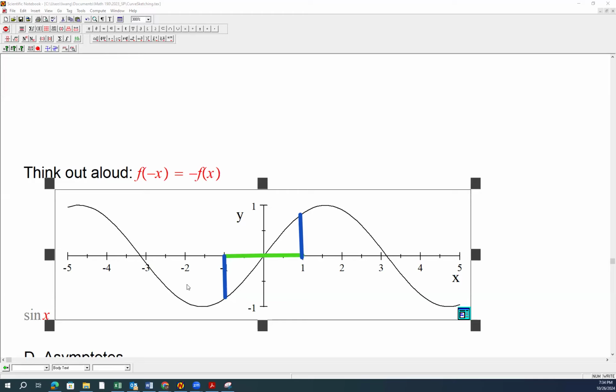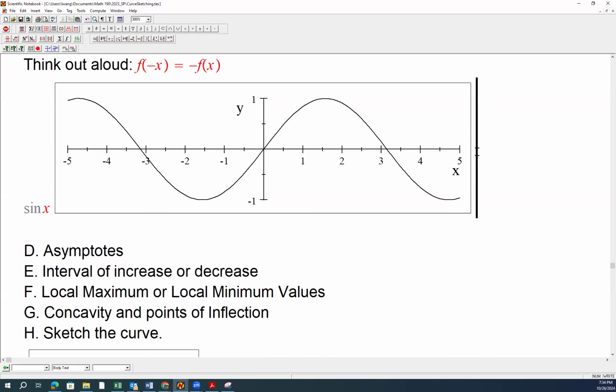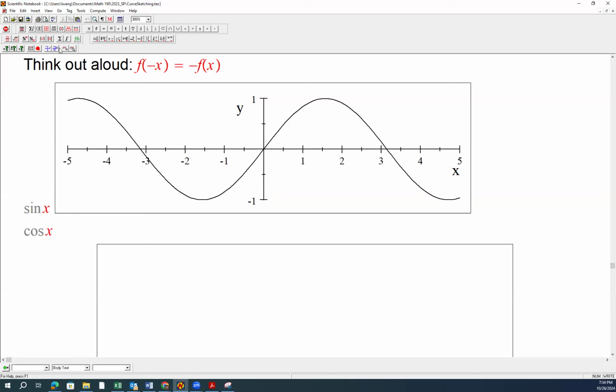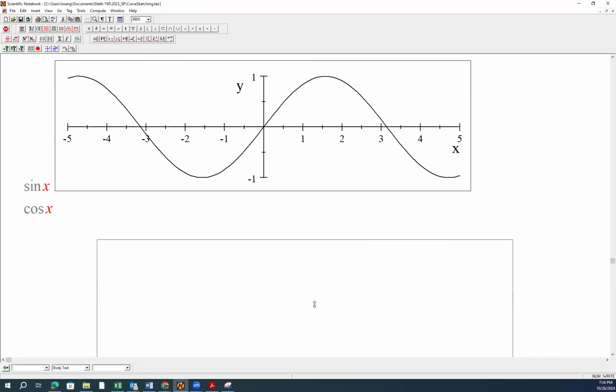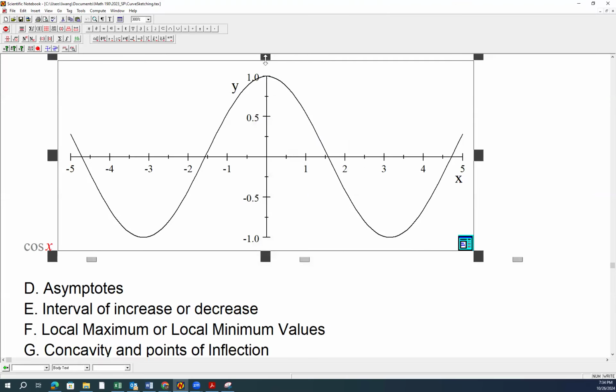Sine is odd. All right, okay. How about cosine? Cosine is even. How do you see it? Cosine x, I'm going to graph it. Okay, cosine.